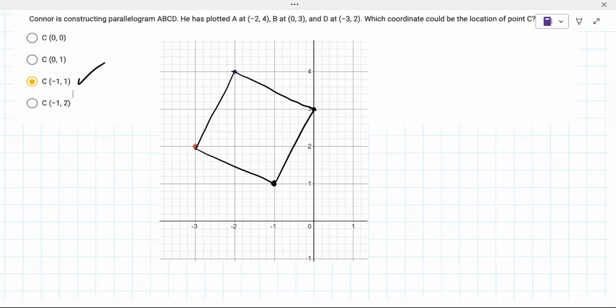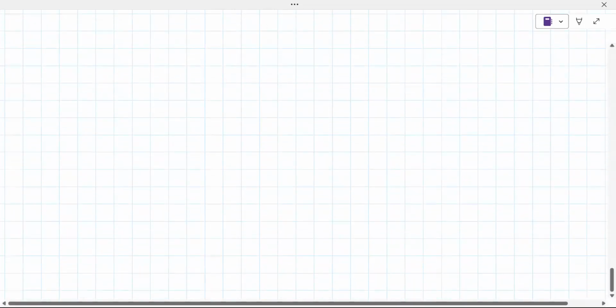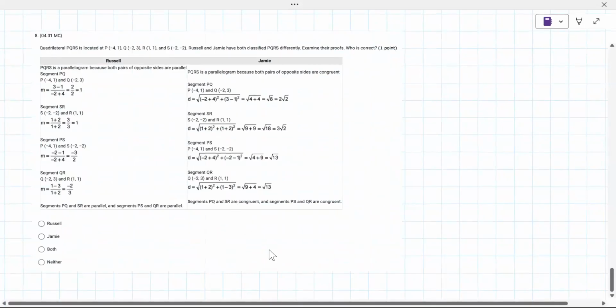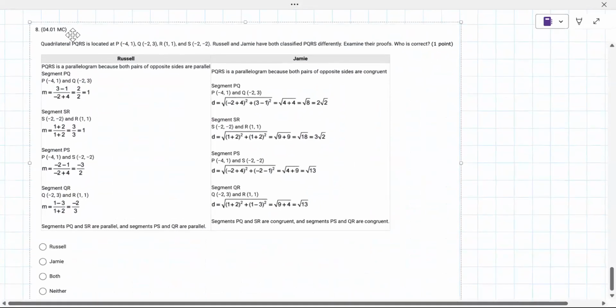Some that are like proofs, kind of the way we've been doing here.